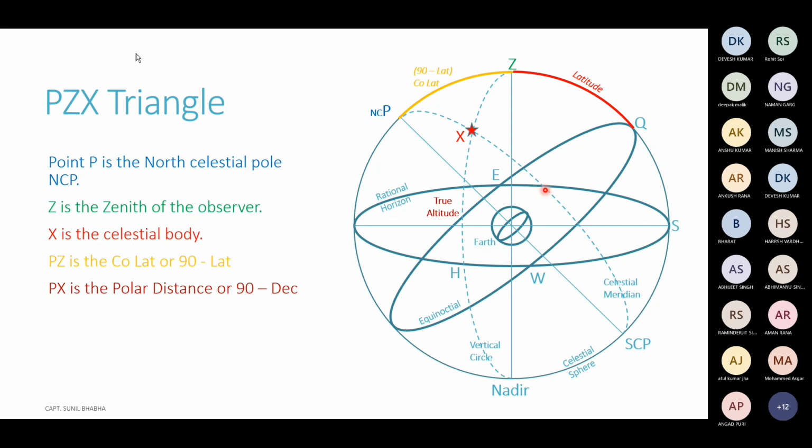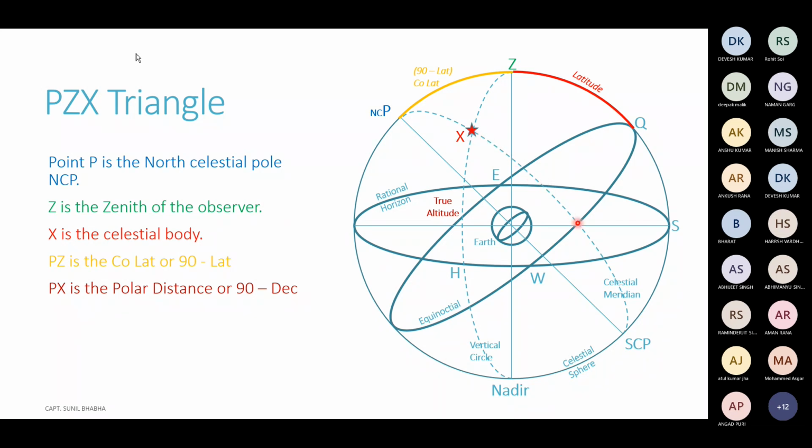This celestial meridian cuts the equinoctial at this particular point. Now, from this point, if you measure the arc of the celestial meridian up to the body X, what is this? This is the arc of the celestial meridian contained between the equinoctial and the center of the celestial body.